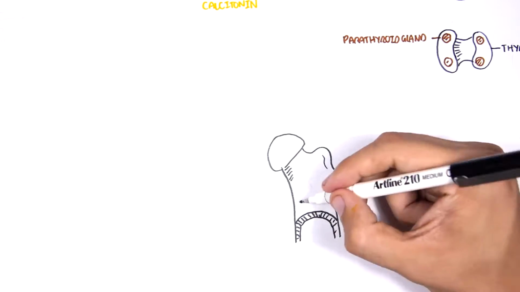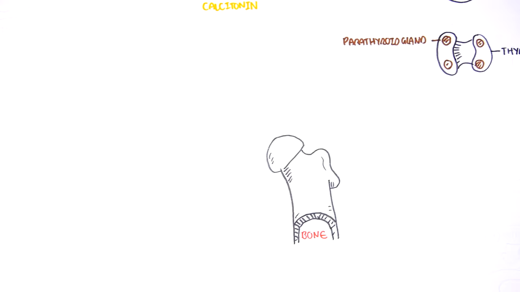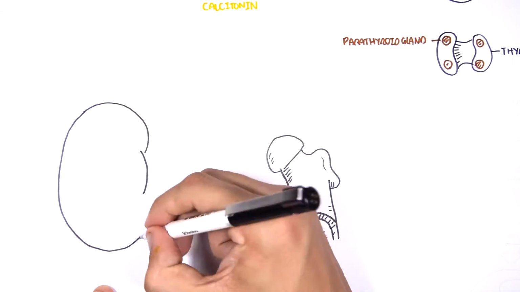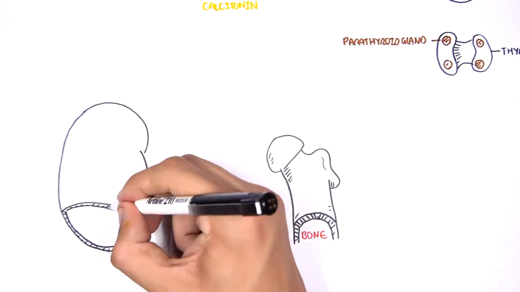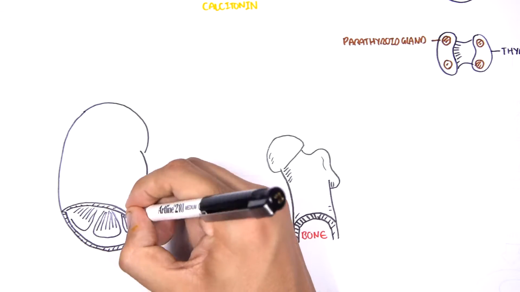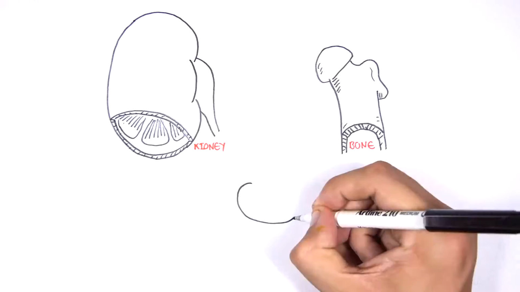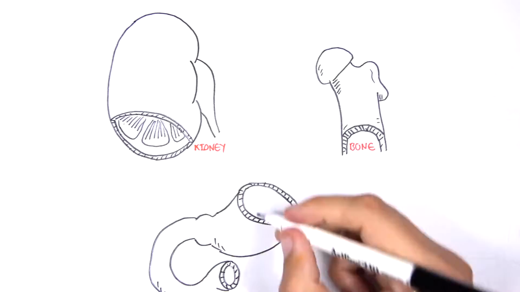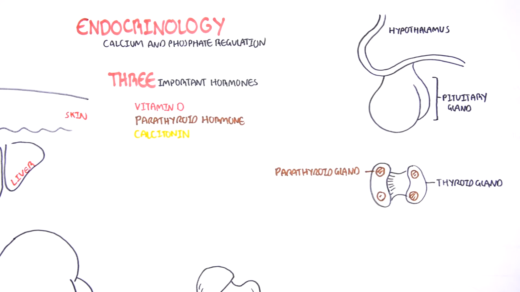Other important organs that we will talk about in this video include the bone, because this is where calcium and phosphate, the minerals, can be found. And actually most of the calcium, 99%, is stored in the bone. And we also will talk about the kidneys, the gut, the GIT, the liver, as well as the skin.